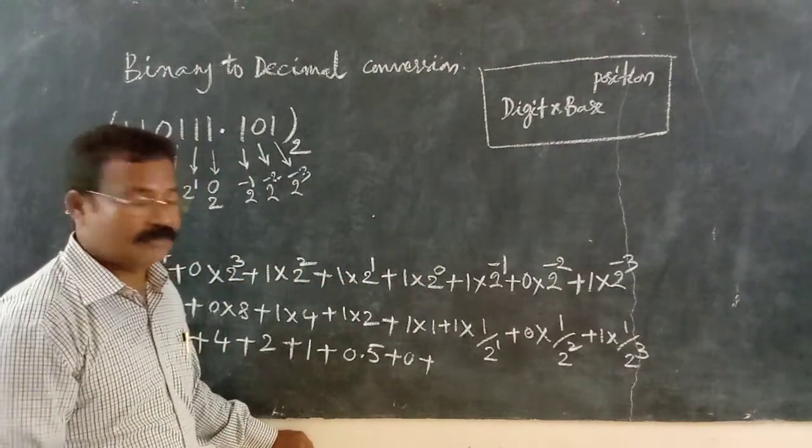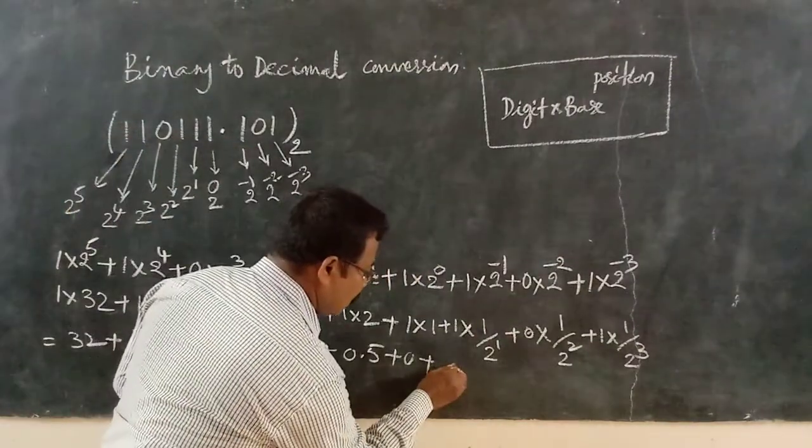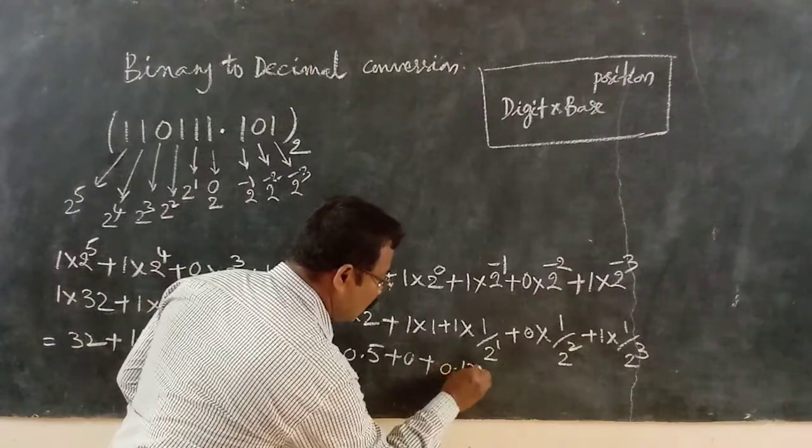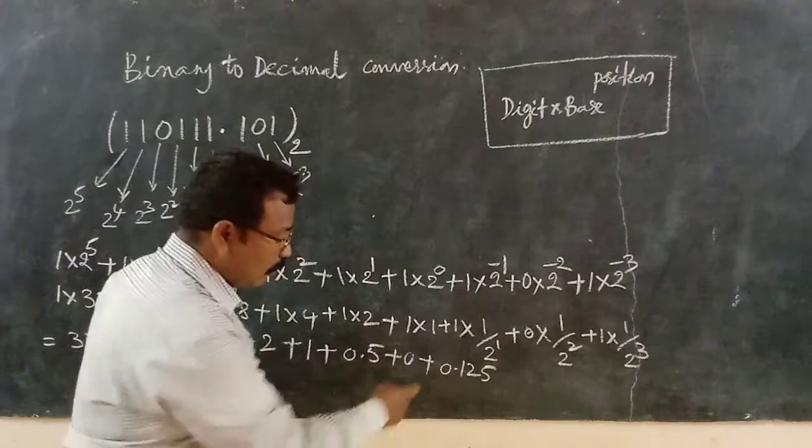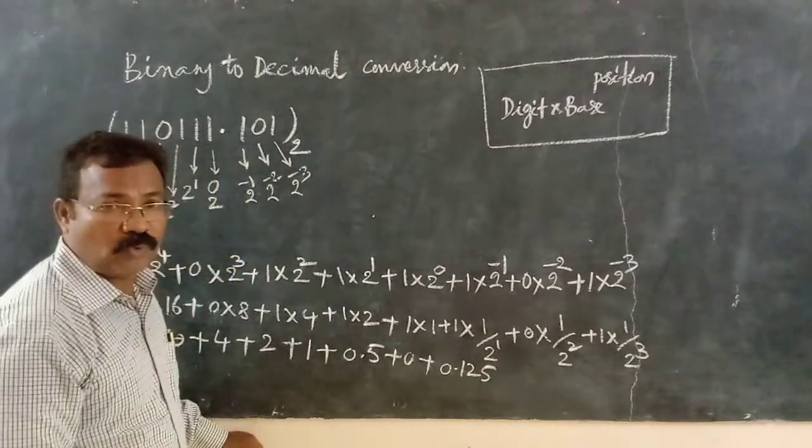What is 1 by 8? 1 by 2 cube means 1 by 8. 1 by 8 means 0.125.